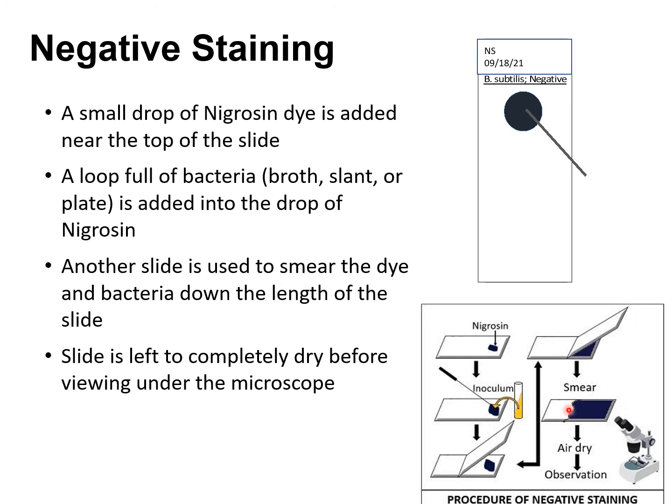It's going to look something like this. Of course, as I said, you never smear it where you have your initials. So on the other side, you smear it down the slide, and that's it. Then you will have to leave your slide to completely air dry. After it completely air dries, you are ready to view it under the microscope.